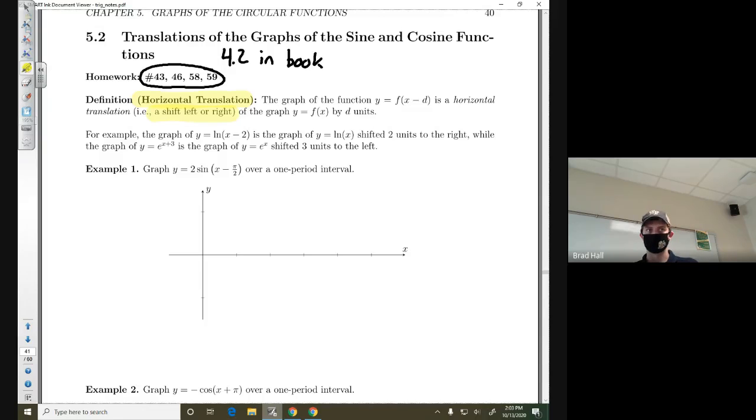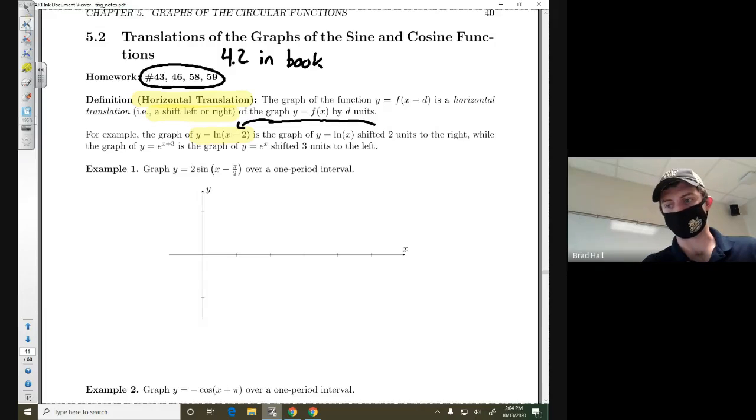Those of you who just got out of college algebra might remember this from examples such as natural log of x minus 2, which means you shift to the right 2 units, not the left. Remember, for left or right, it's the opposite direction. If you're subtracting 2, you go in the opposite direction, 2 units to the right.